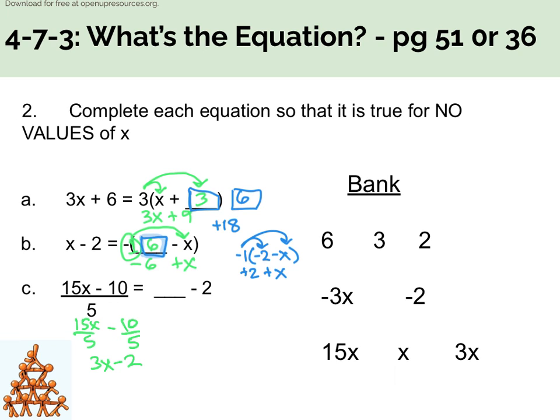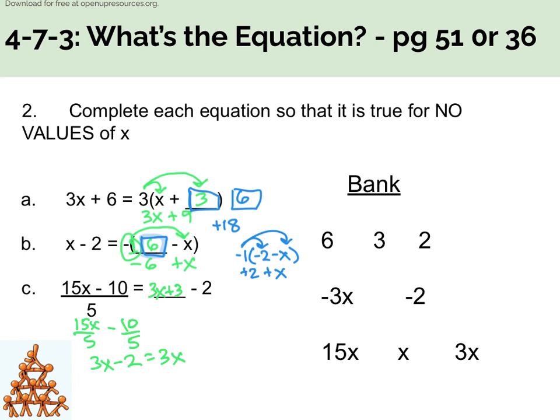So what can we put in there? This one's going to be a little bit different. I need a 3x on one side, a 3x on the other. But what if I do 3x plus 3 in that blank?